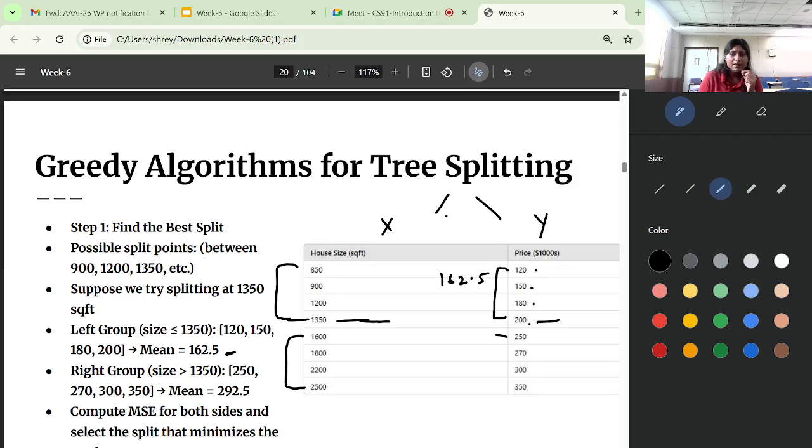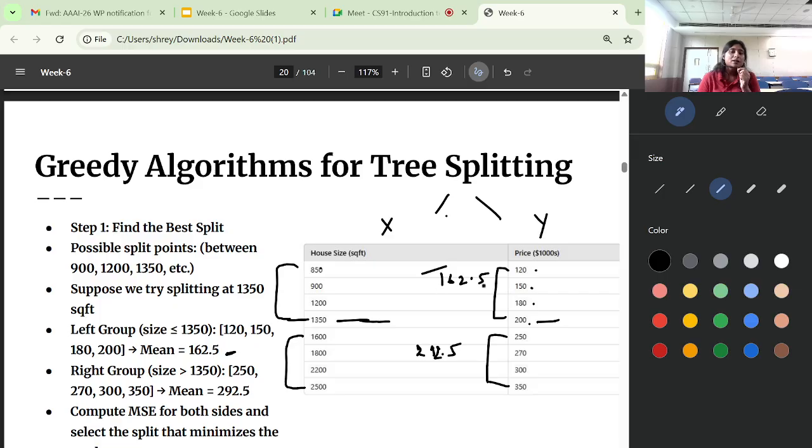Similarly, we take the average of the other values, which is 292.5. By the regression algorithm, the final leaf node will be considered as 162.5 for all these values, and the leaf node will be 292.5 for the others.